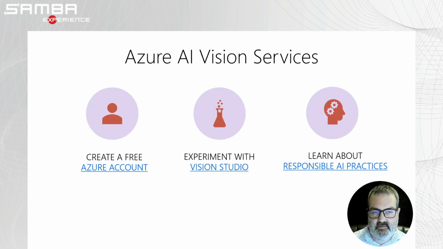If you want to learn more about Azure AI Vision Services, the first step is to create your free account on portal.azure. Once you've created your account, you can use the Vision Studio to experiment with what's possible with Vision Services. And in addition to experimenting with the tools, it's important that you learn about the responsible AI practices.